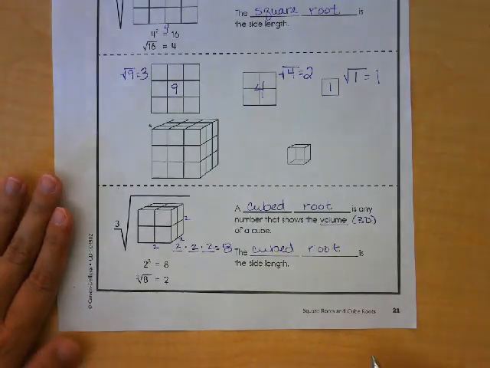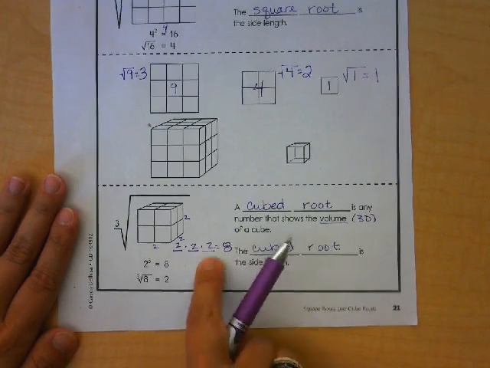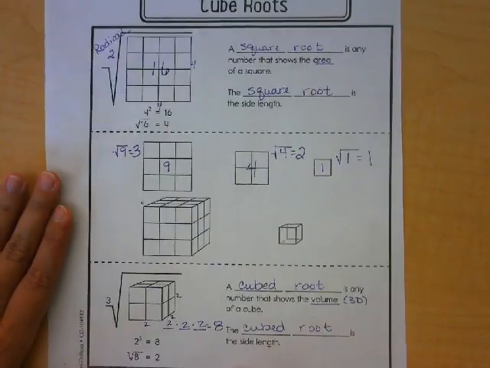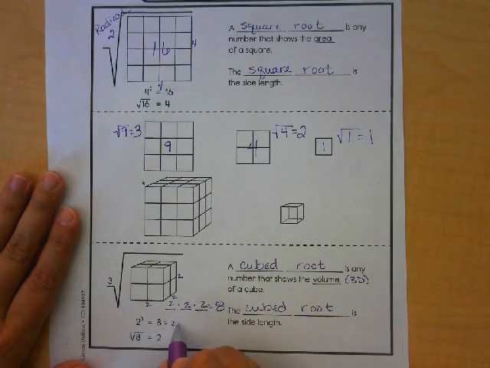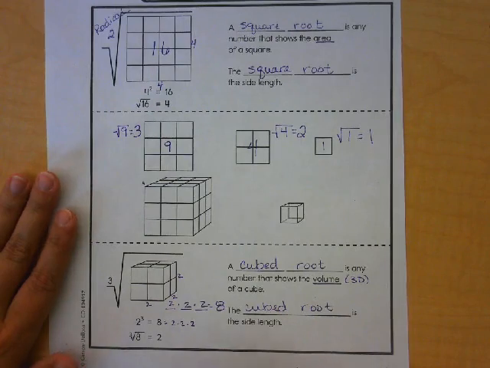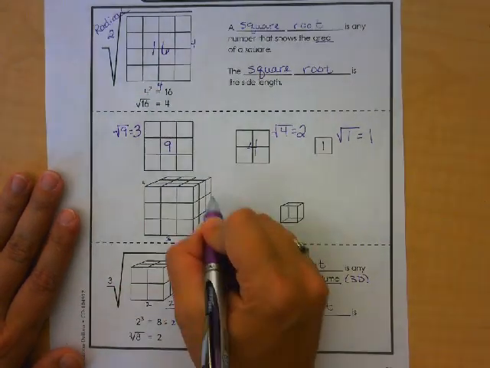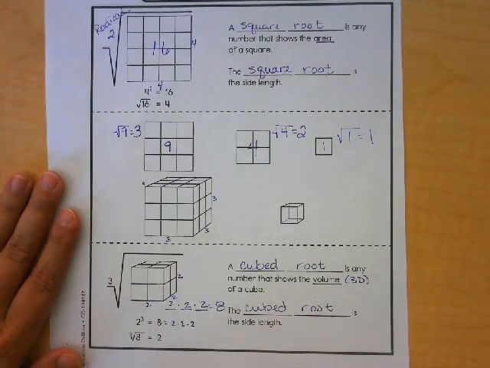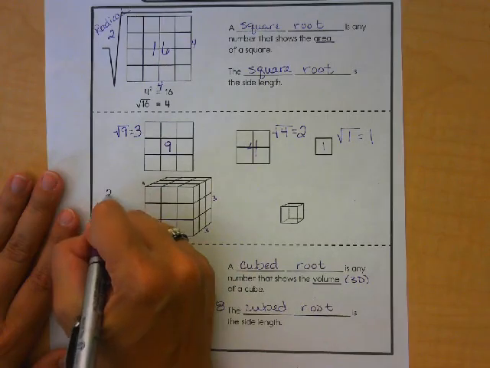So instead of thinking something times something, now we have 3 somethings. So if you think back to when we did exponents in 6th grade, right? 2 to the 3rd power is 2 times 2 times 2. So here we have side length 3 times 3 times 3. Well, I know that 3 times 3 times 3 is 27.